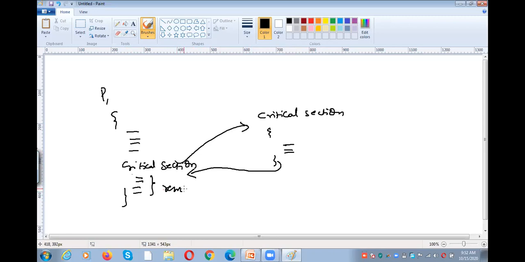This is called the remaining section. That means after executing the critical section code, the process has to come back to the normal flow of execution in order to complete the next part of the program. That is called the reminder section.